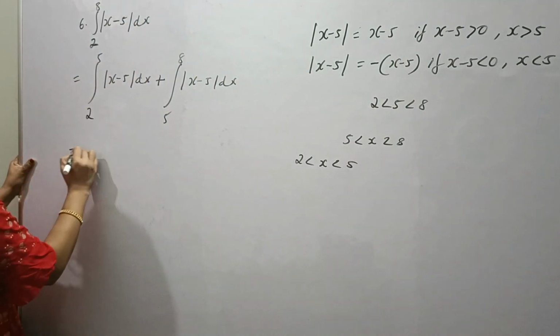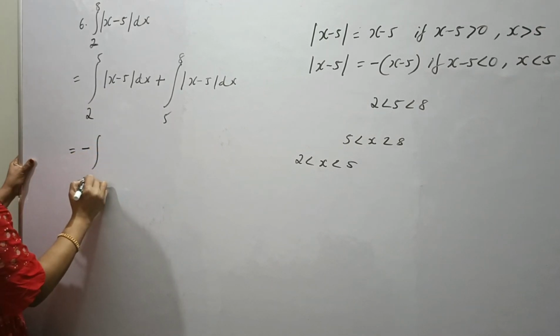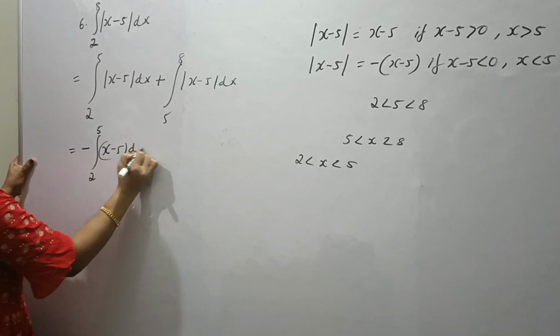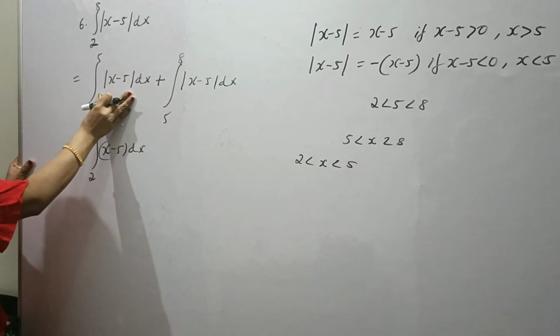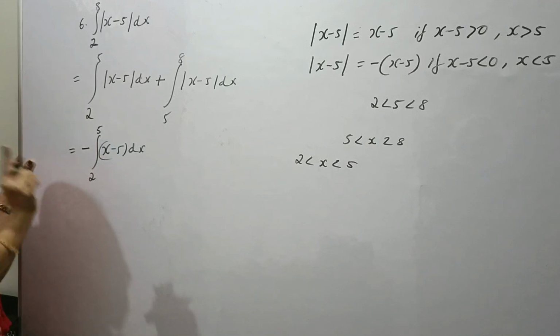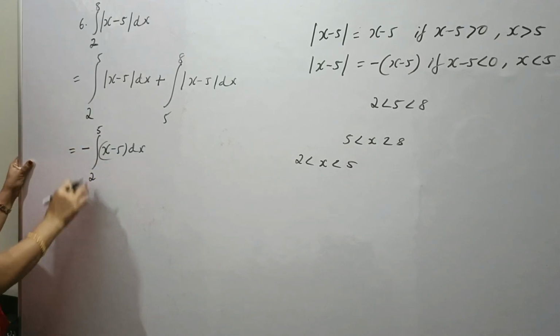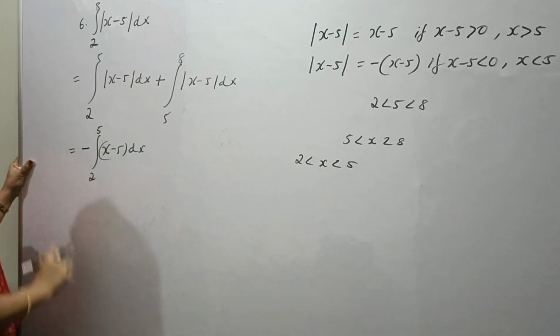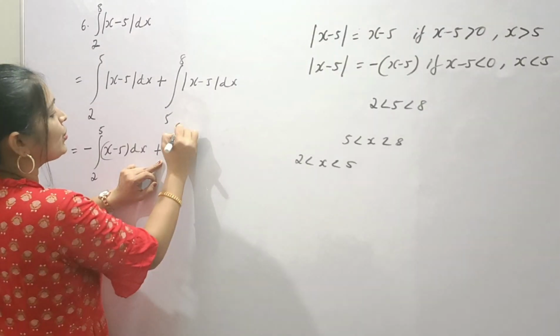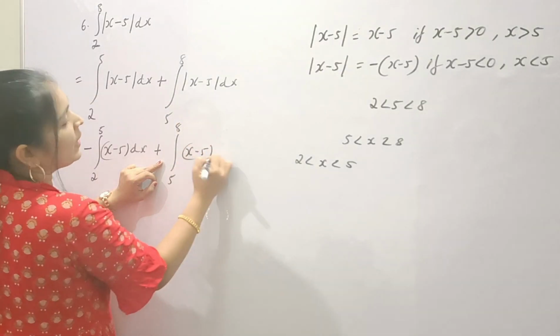So we can write this as minus of the integral from 2 to 5 of x minus 5 dx, because modulus of x minus 5 is equal to minus of x minus 5 when x is less than 5. Here the range is 2 to 5. Plus, here itself, the integral from 5 to 8 of x minus 5 dx.